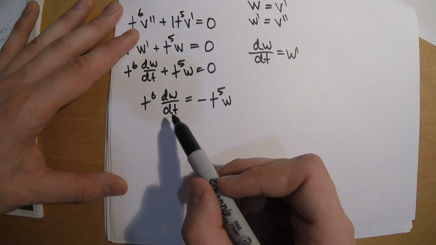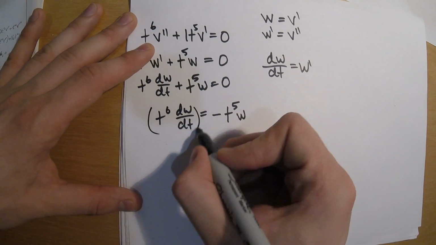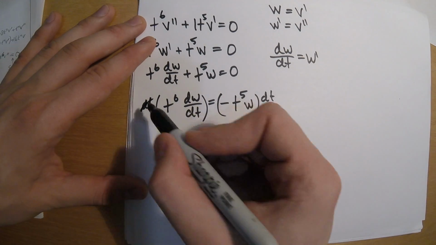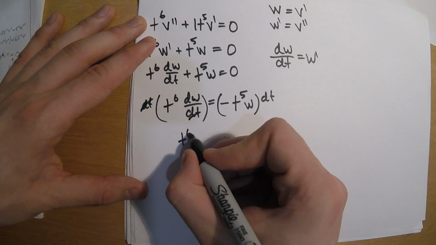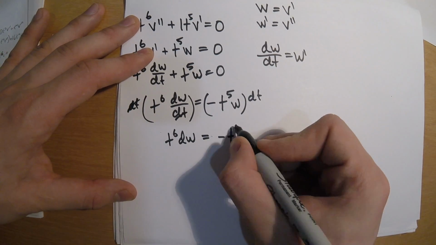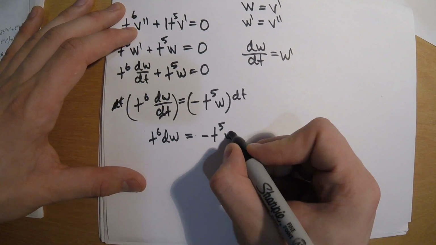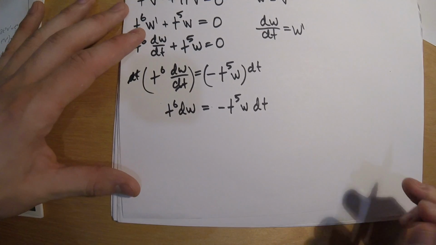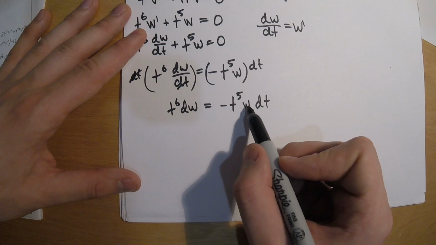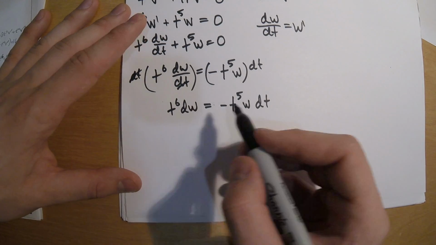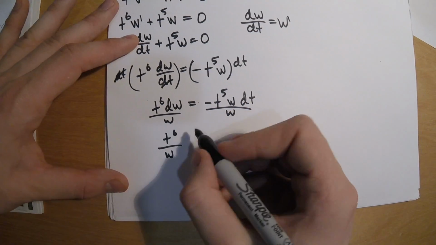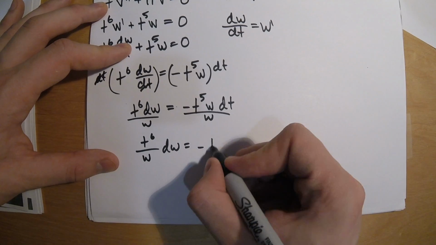Now, what I'm going to do here is multiply both sides by dt. What happens when you multiply both sides by dt? dt goes away on this side, so t to the 6th dw equals negative t to the 5th w dt. As you can see here, the w is on this side, but the dw is on this side, so I'm going to divide by w.